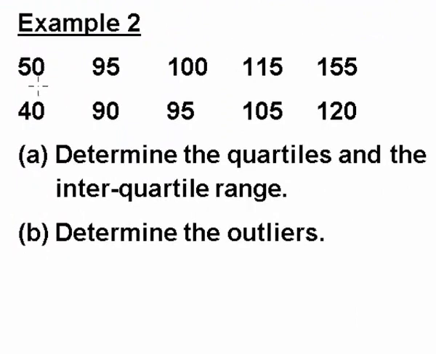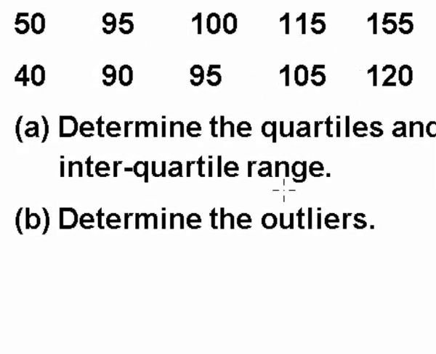Let's have a look at another example quickly. In this case, we've got a whole set of numbers, and there are 10 scores. They're not very nicely organized, so we're going to have to rework them a bit. We're going to have to determine the quartiles, the interquartile range, and then see which of these scores are outliers. So first I'm going to organize them from smallest to biggest.